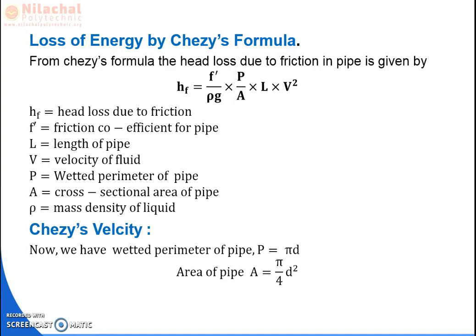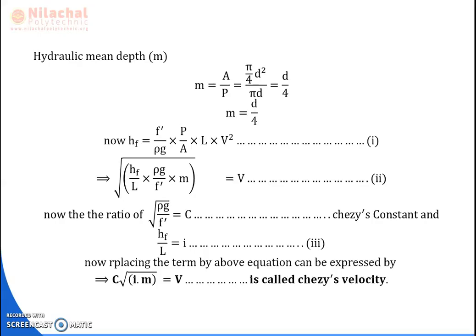The wetted perimeter will be pi D. The ratio of area of pipe to wetted perimeter is known as the hydraulic mean depth, denoted by the symbol m. m is equal to A by P. Putting the value of area as pi by 4 D square and P as pi D, we get m equal to D by 4. If D is the diameter of the pipe, then the hydraulic mean depth is m is equal to 25% of the diameter, that is D by 4.